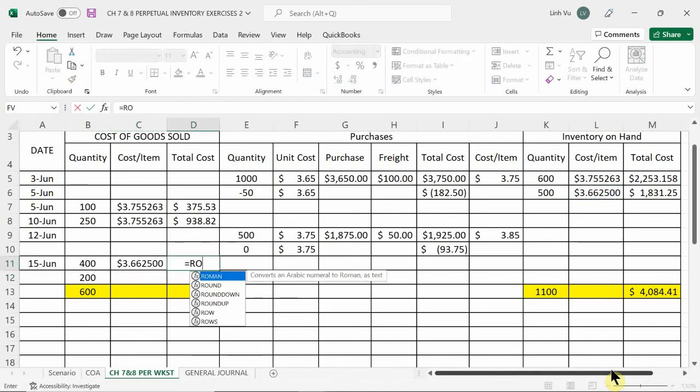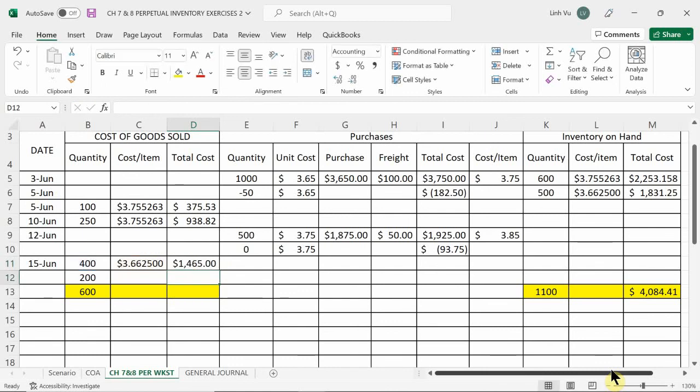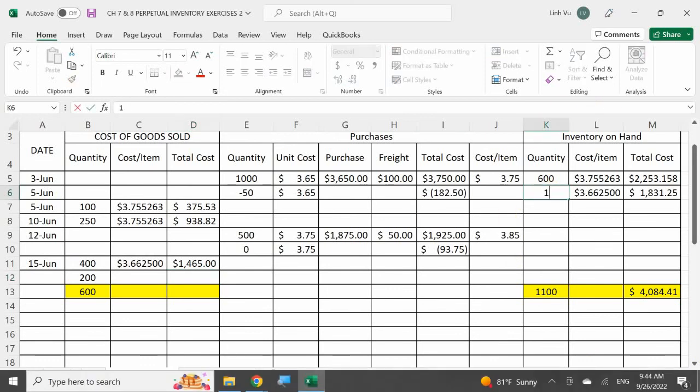So how much is my grand total here? $1,465. Okay, $1,465.